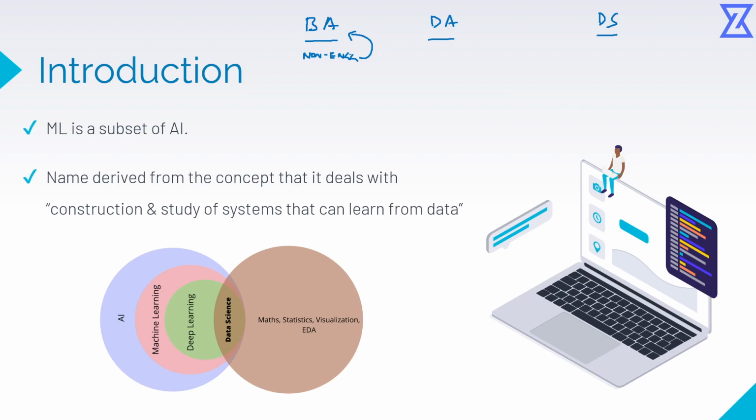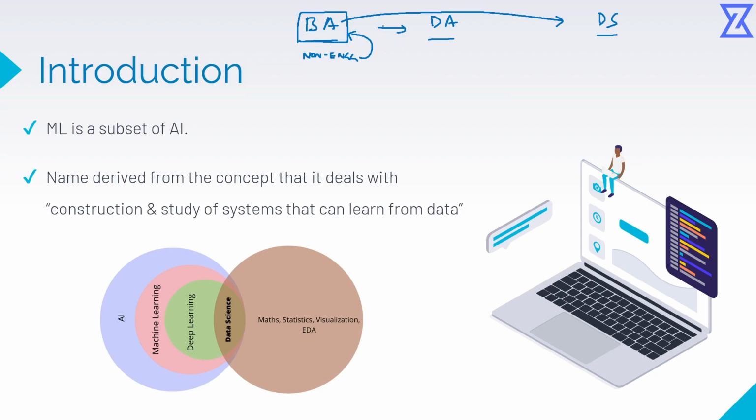And people who are not at all willing to learn Python, for them, business analytics is the right career path. But in this career path, at a certain point of time, you will be stuck. So in order to exponentially grow your salary and grow professionally, you definitely have to migrate to data science at some point of time. Okay.